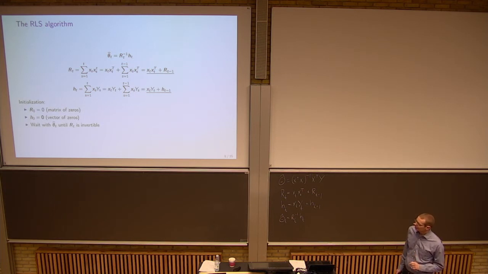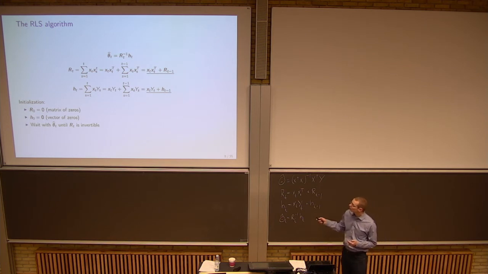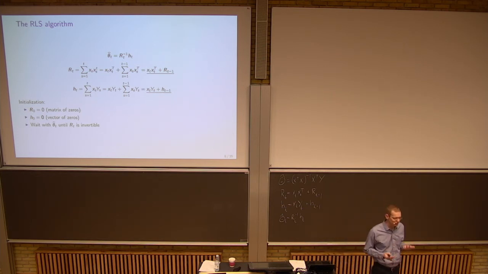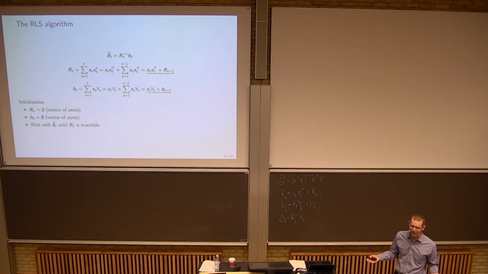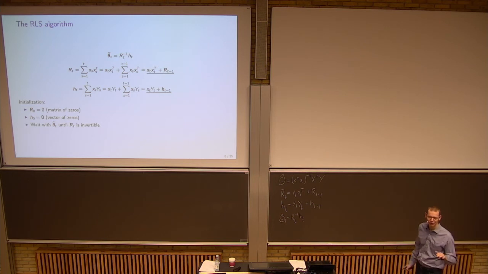As we did last time, initialize with appropriate zeros and don't invert R_t until it's invertible. So you need a few observations before you can estimate a linear regression model. I think you should all know that by now. We will all make the coding error, and then we will see that, okay, I know why, and then we will fix it and make it work.